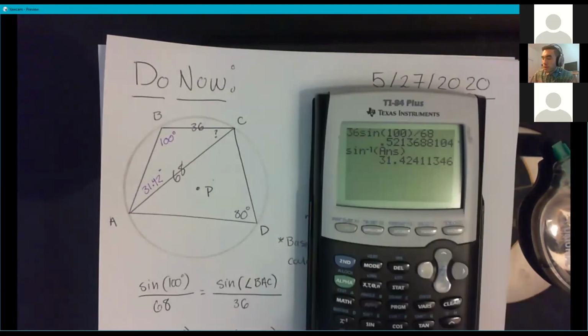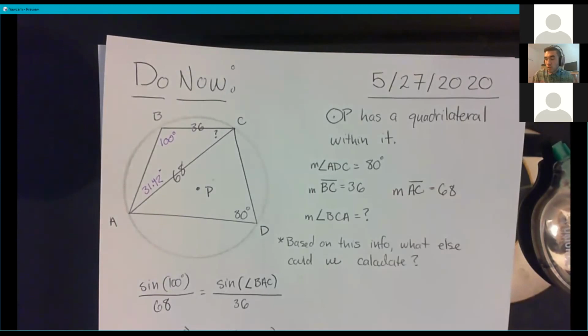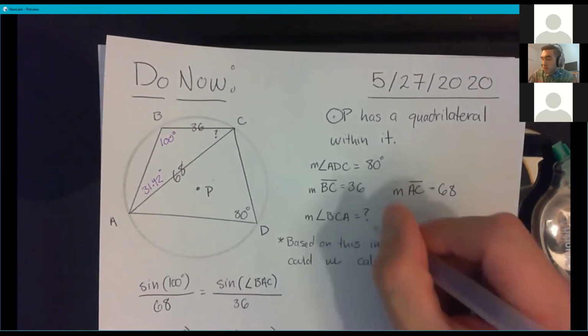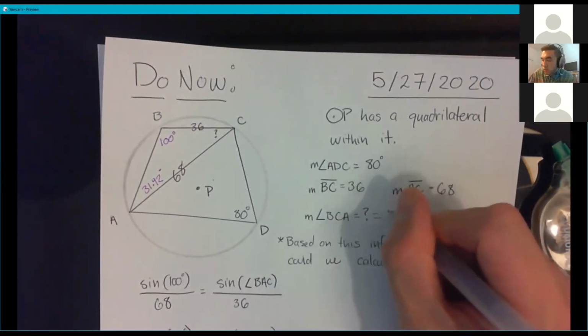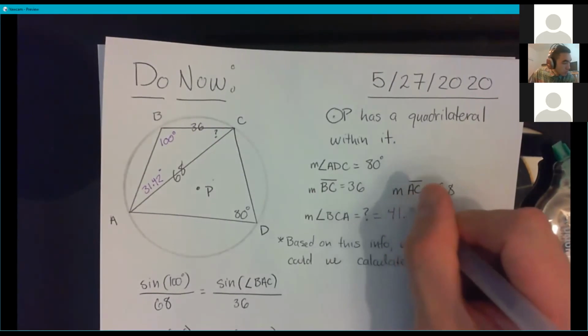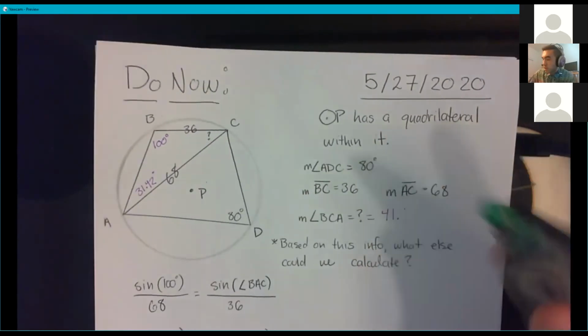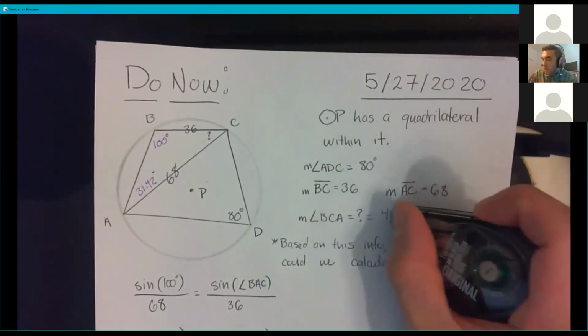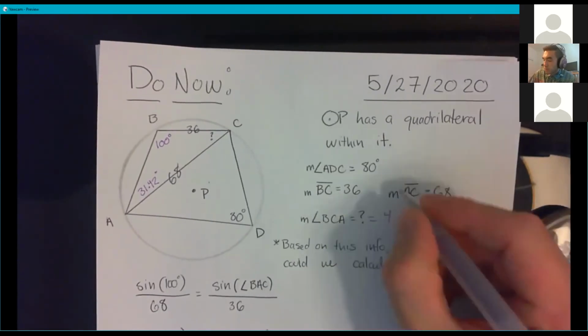We know from the third angle theorem that all of these need to add up to 180. So it'll be 180 minus the quantity of 100 plus 31.42, which is 48.58. So that means that our answer here, the measurement of angle BCA, has to be equal to 48.58 degrees. And that is the answer to our warm-up question.